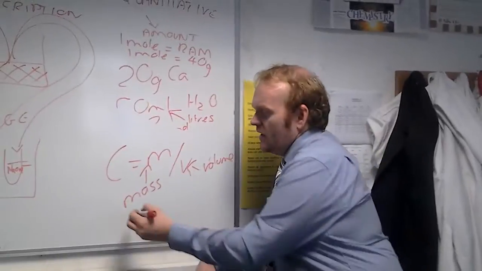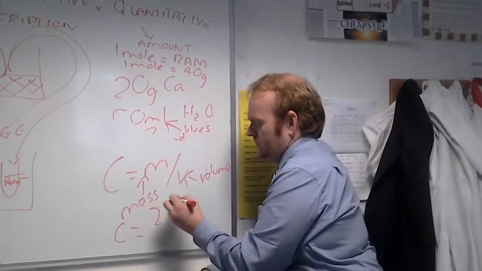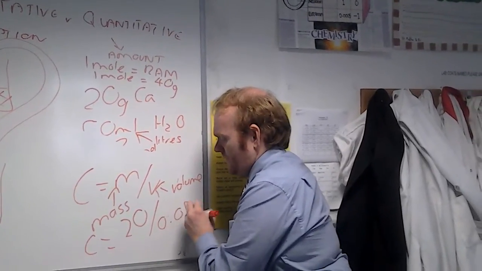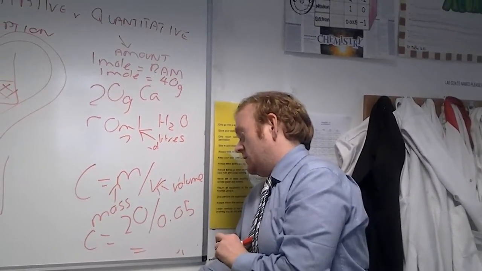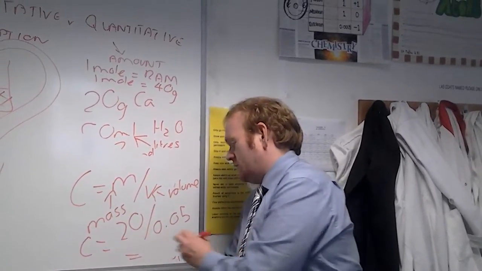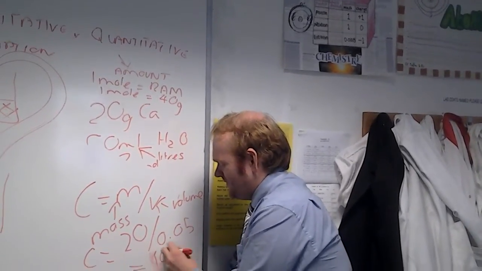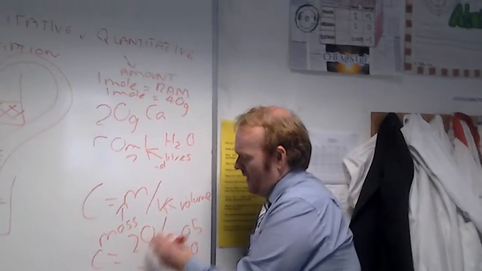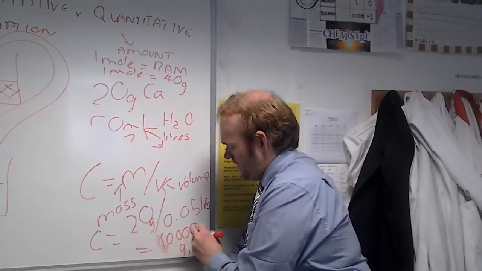This time my mass would be 20, my volume would be 0.05, and my concentration would be 400. This time my units of mass are grams, my units of volume are litres, so it's 400 grams per litre.